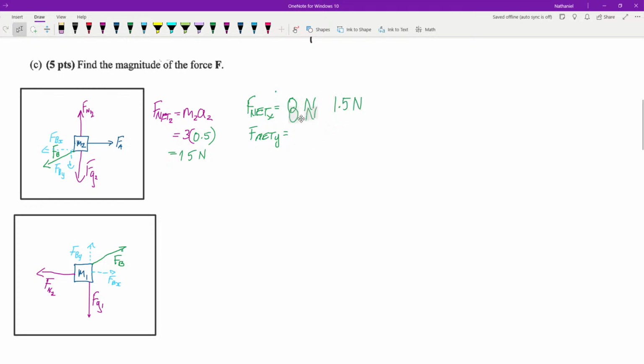So it's not going to be moving vertically, but it is going to be moving horizontally, so there is an Fnet in the horizontal, but not a Fnet in the vertical. Look how ugly that net is. Come on, you do better nets than that. Okay, this looks like 15, so let's make that 1.5.